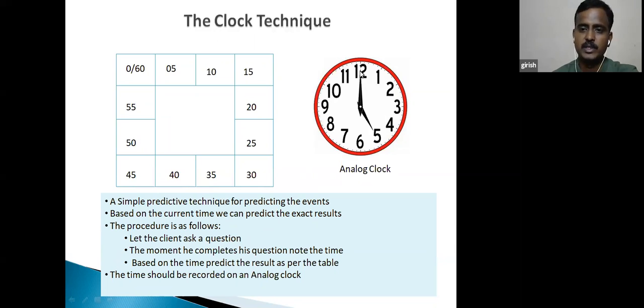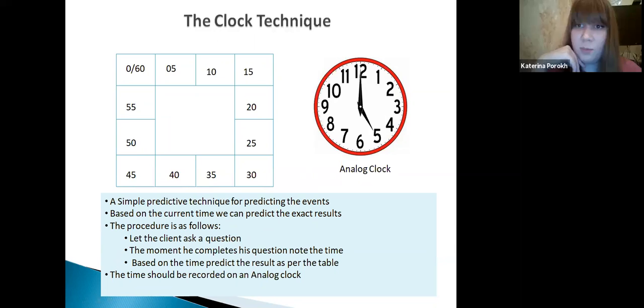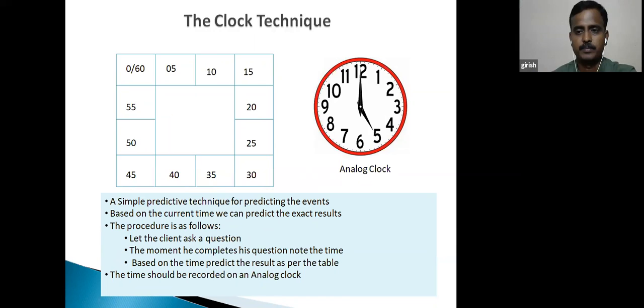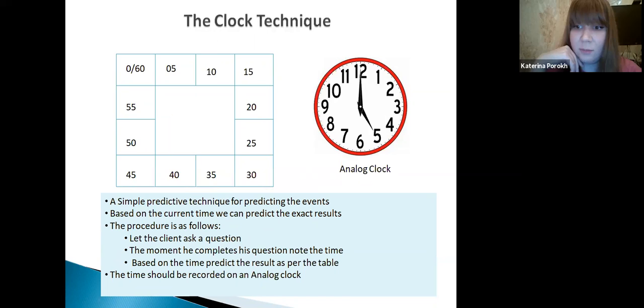So that is where we say this is a 2 and 12 combination.